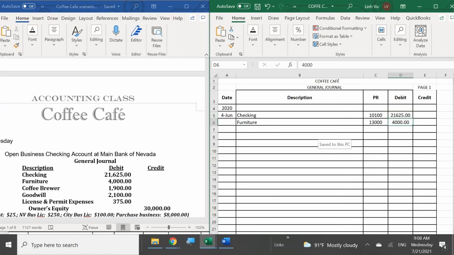Okay. So all of these worksheets and workbooks that I've provided for you, they're not formatted. Some of them are, some of them aren't, because I'm going to leave it up to you guys to format it in a way that makes sense for you. So if you want everything to be in accounting style, go ahead and do it. If you want everything to be in just comma style, you could do it.